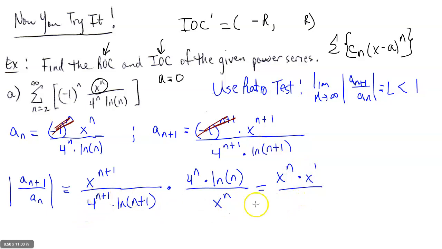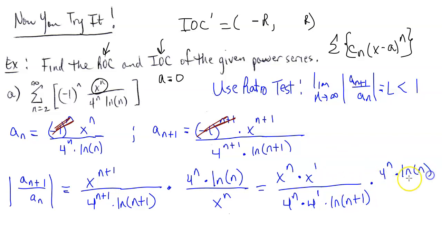And this 4 raised to the n plus 1 will be 4 raised to the n times 4 raised to the 1. Okay. And here we also have natural log of n plus 1. And then we'll multiply that times 4 raised to the n times natural log of n, all that over x raised to the n.